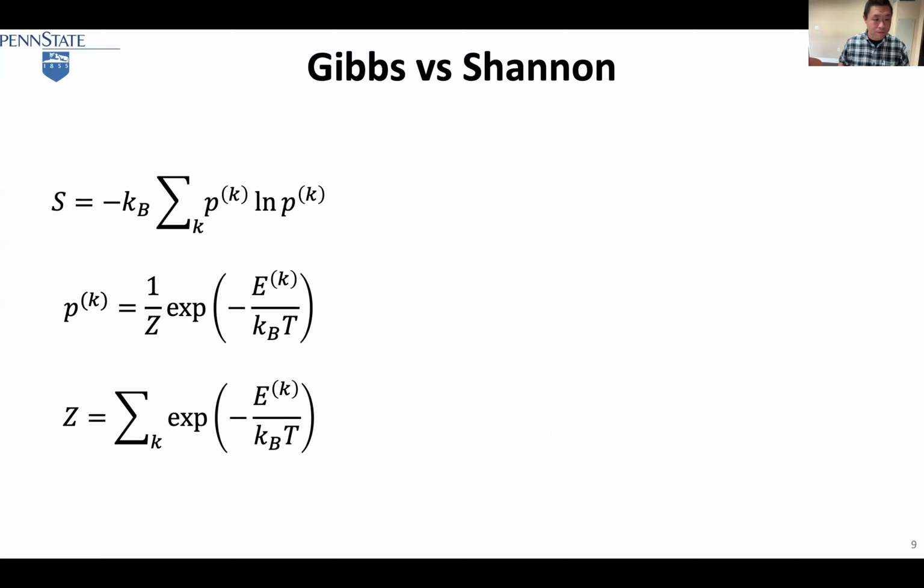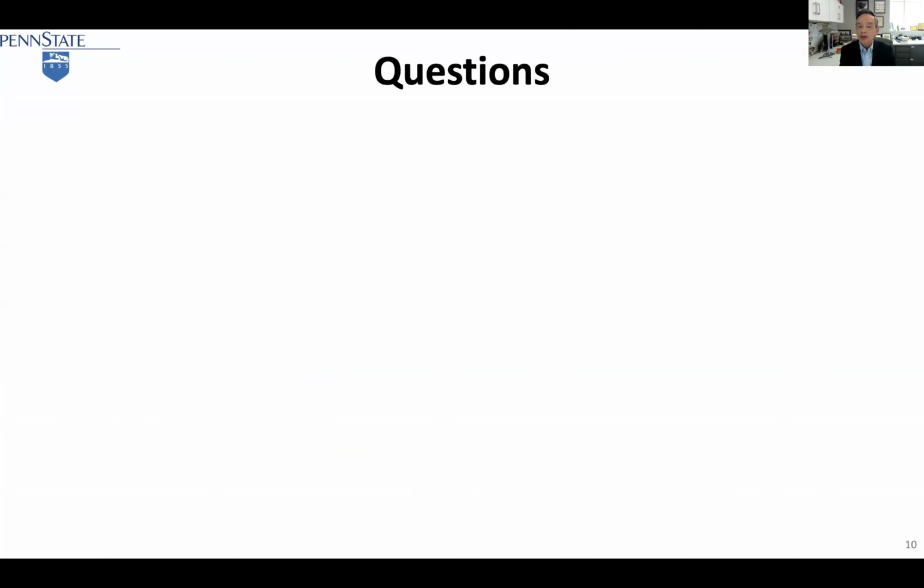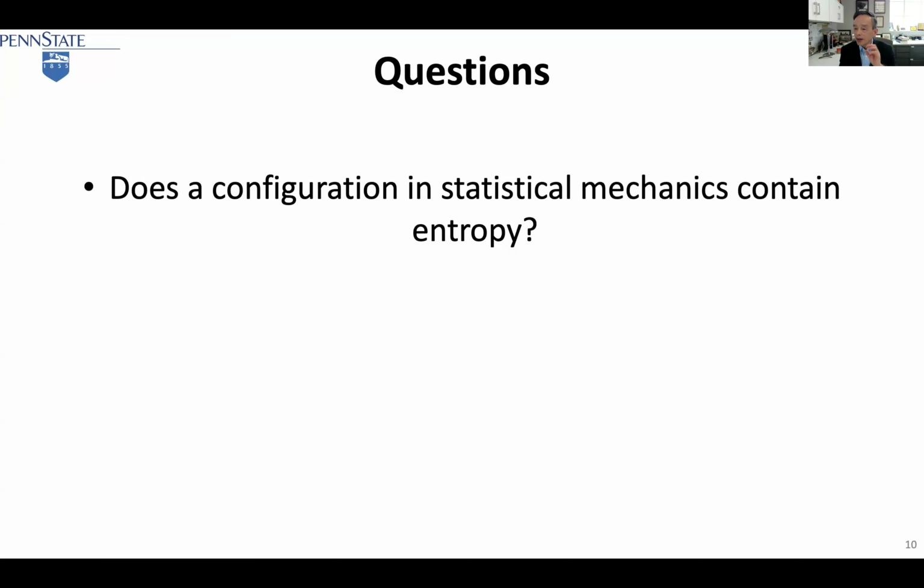Go ahead. So now this side you have statistical mechanics, and then you have Shannon's one, as we mentioned. But the question is that each configuration may also have entropy inside. Okay, so how should that be considered? As when you showed the cats, right? Each cat is different.